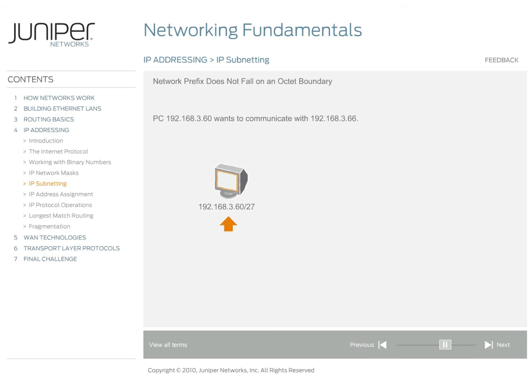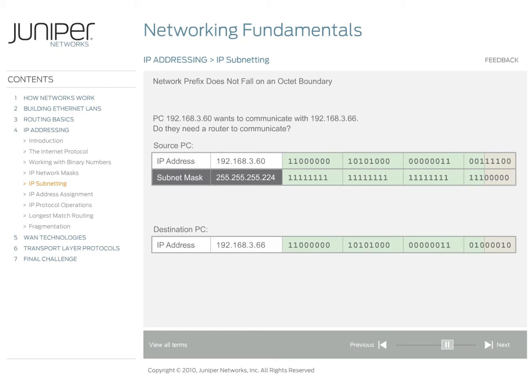Now let's say that PC 192.168.3.60 wants to communicate with 192.168.3.66. Do they need a router to communicate? Once again, the first step is to determine if the 2 devices are on the same network, or, in this case, the same subnet.